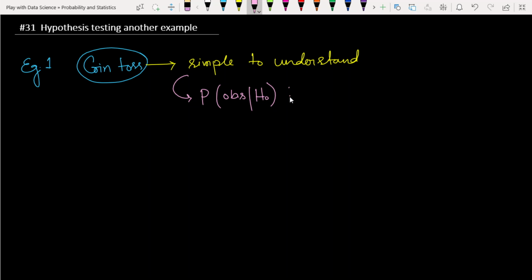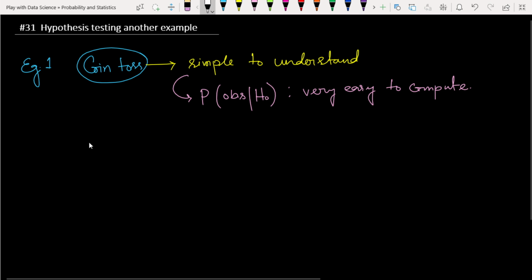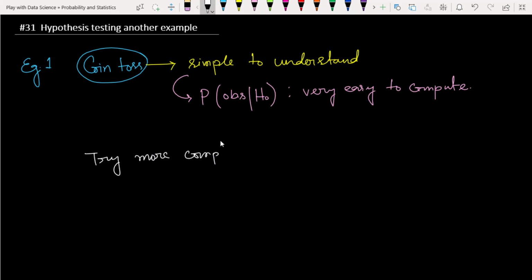So it is very easy to compute. Let's try some more complex examples.